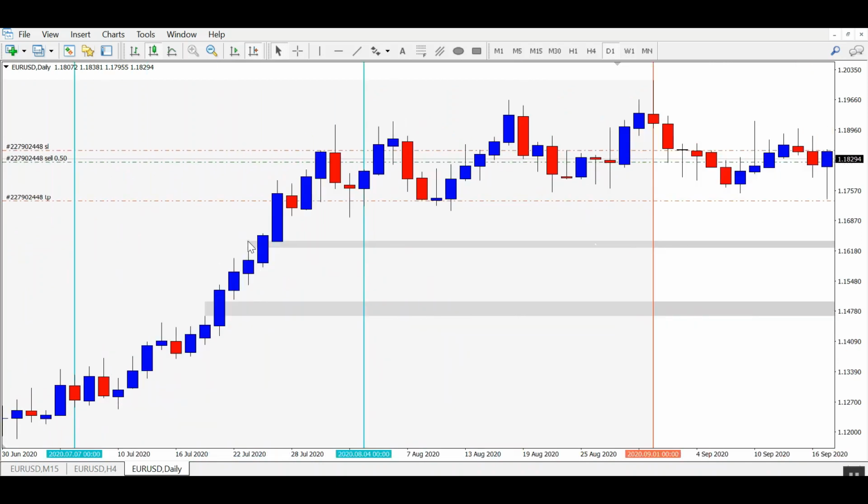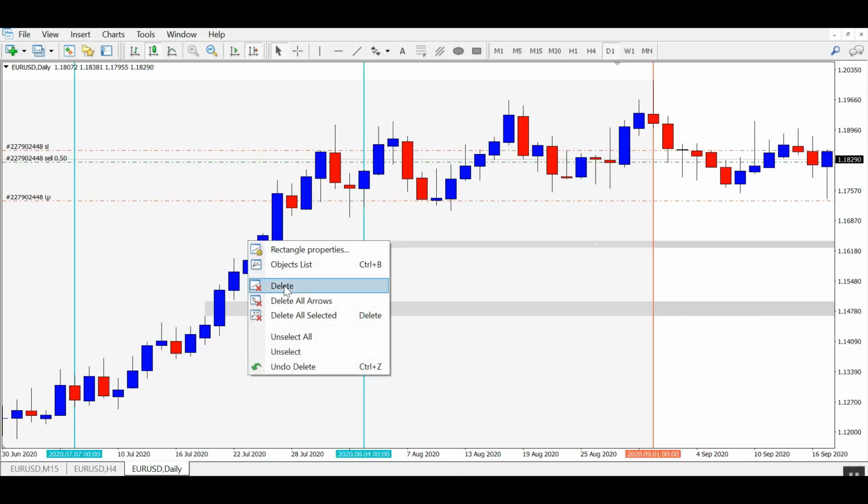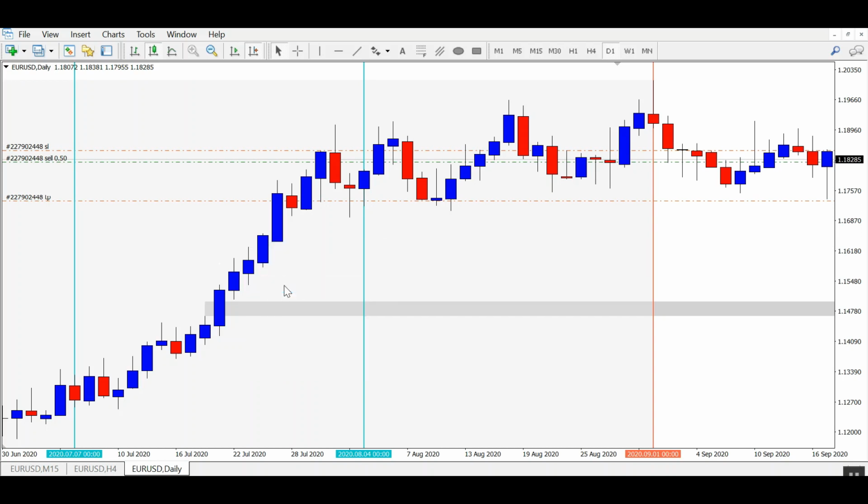Now, it doesn't really matter the amount of time that is going to pass until a fair value gap will be filled, but what you need to understand is that it really depends on the time frame where you see the fair value gap.